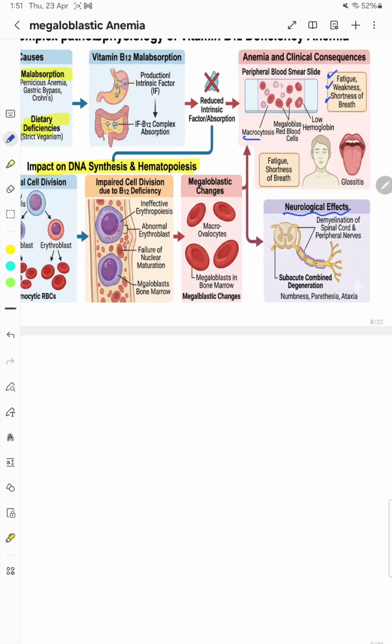So there are neurological effects, which are seen in B12 deficiency only, not in folate deficiency. A condition known as subacute combined degeneration of the spinal cord is seen in B12 deficiency. Neurological effects manifest as numbness, paresthesia, and ataxia.